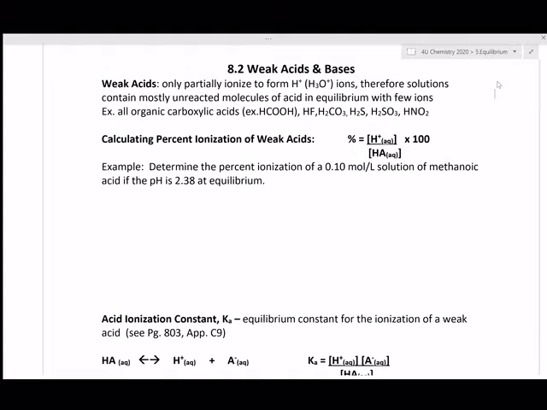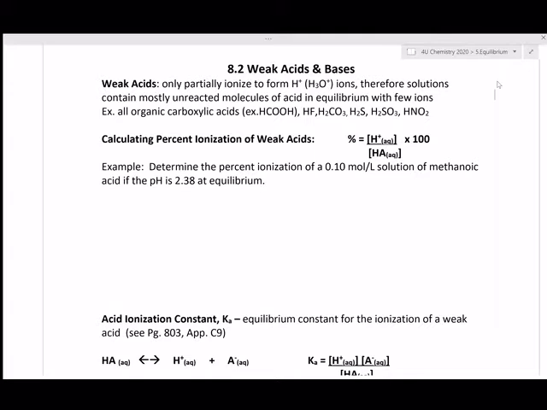All right, so in our last lesson, we established that there are both strong and weak acids and bases. In both cases, if it is a strong acid or base, that tells us it essentially 100% ionizes or dissociates into ions.